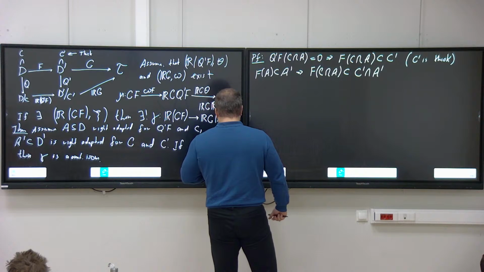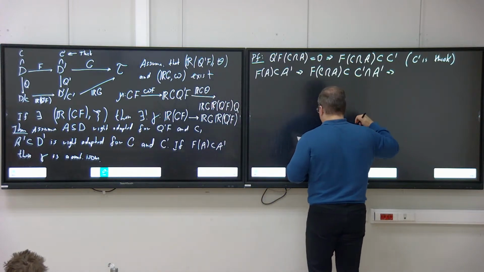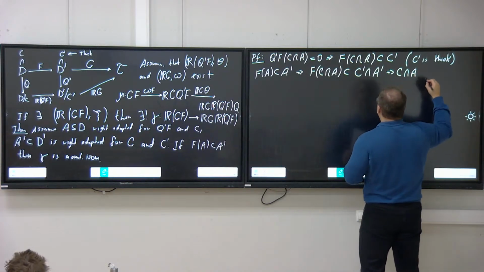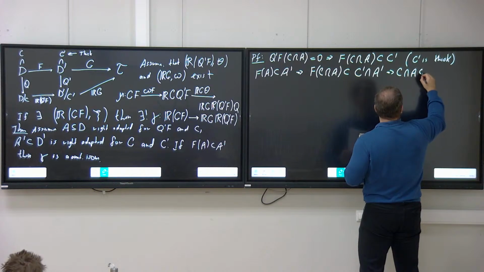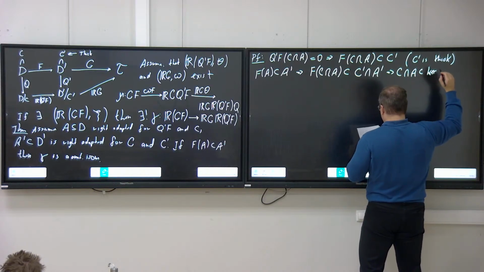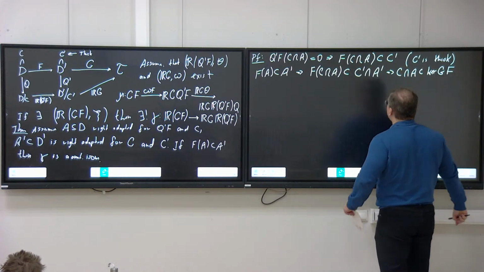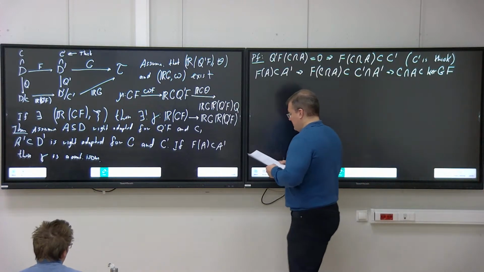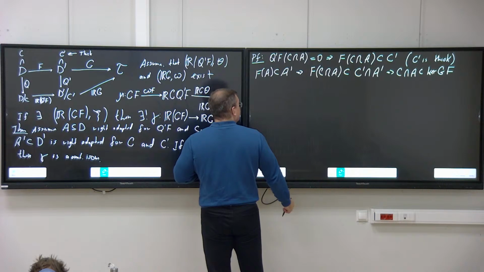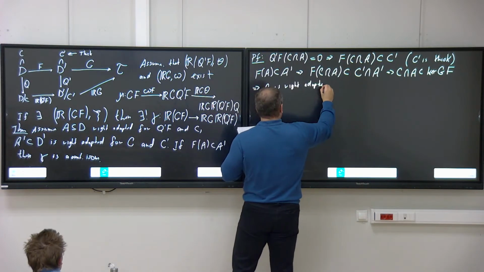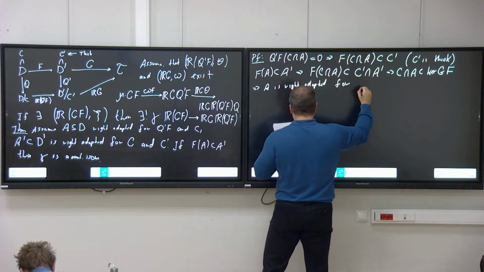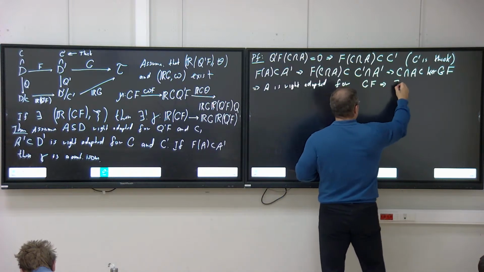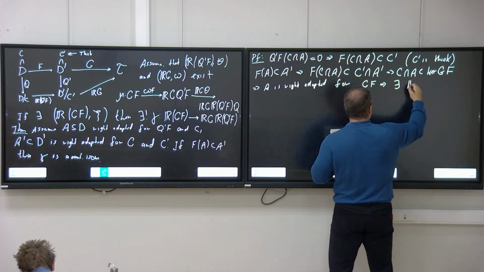But then, from this, the intersection of C and A is in the kernel of the composition of functors G and F. But if this is the case, we can say that A is adapted for the composition of functors G and F. So there is a derived functor for the composition.